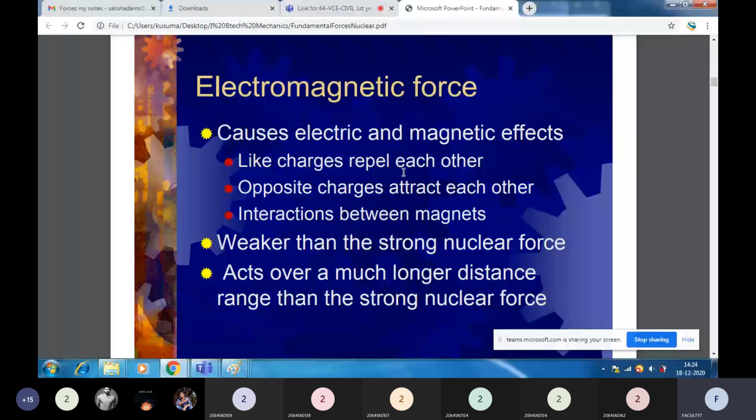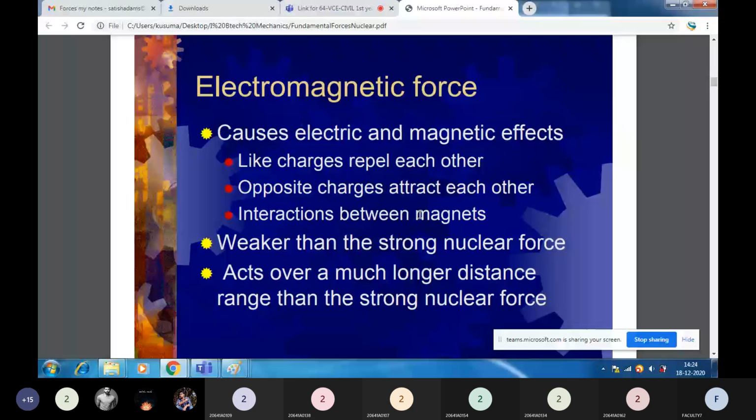If you separate these two words, electromagnetic, so both are there. If you take the electric field, we need to consider the charges. If you consider the magnetic field, then we are going to see about magnets. If you take two bar magnets, between south and north, those are opposite poles, so you will have an attractive force.